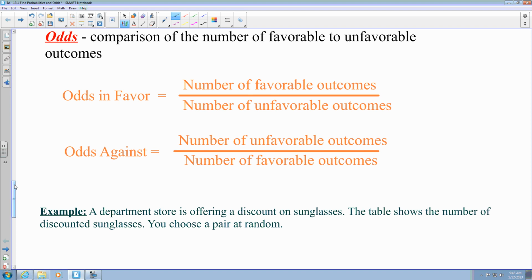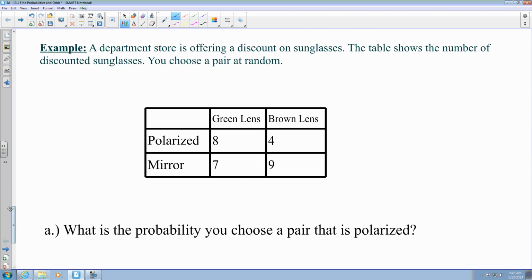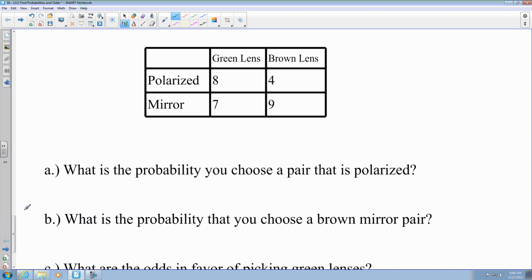And let's look at this example. It says we have a department store offering a discount on sunglasses. The table shows the number of discounted sunglasses. You choose a pair at random. For example A, it says what is the probability you choose a pair that is polarized? So let's look. I have polarized right here, and it has no specifications on whether or not it is green or brown.